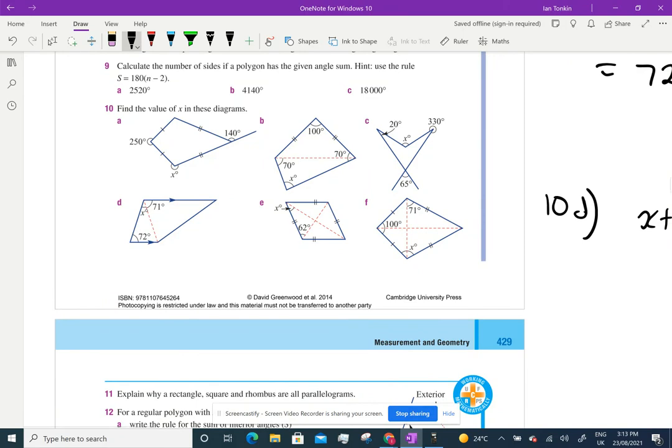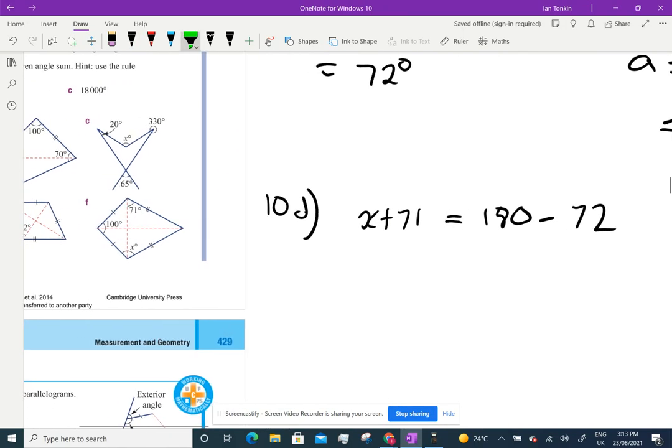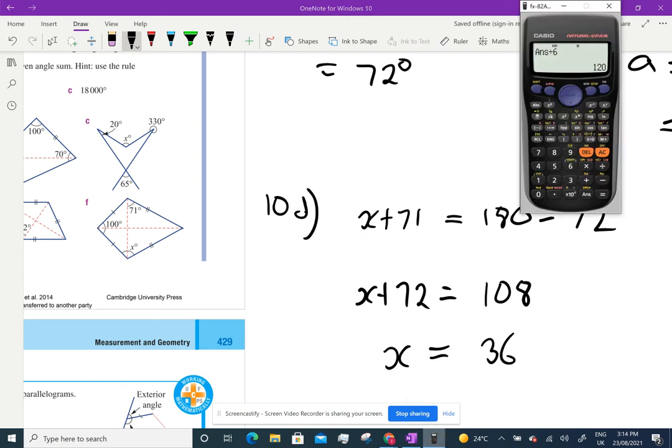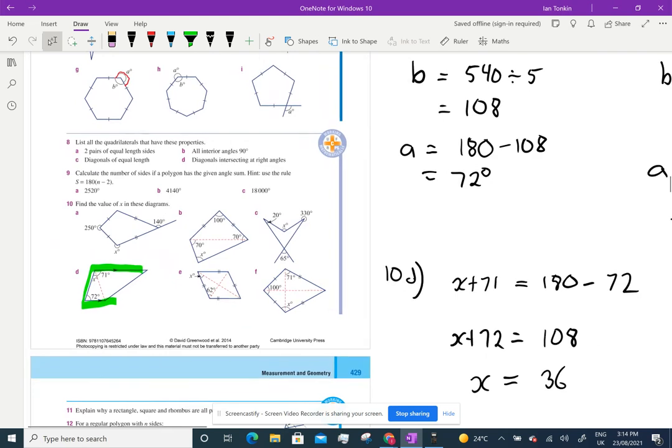Well, they're parallel lines, and there's the C. So x plus 72, well, 180 minus 72 is 108. Take that 72 away, and I'll get 36. Is that right? I'm just going to check. 108 minus 72, 36.